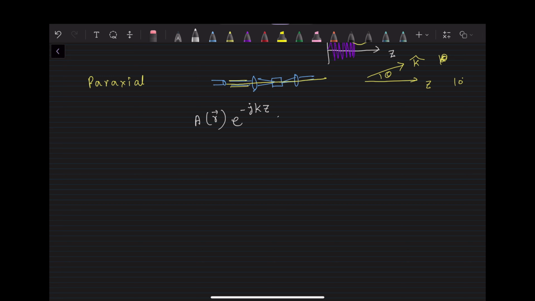But the Gaussian wave can be used to approximate lasers, and that's very practical. So we want to find all those solutions, find out what the properties of such solutions are, and how we can use them in our discussions on nonlinear optics. So let's plug this into the Helmholtz equation.